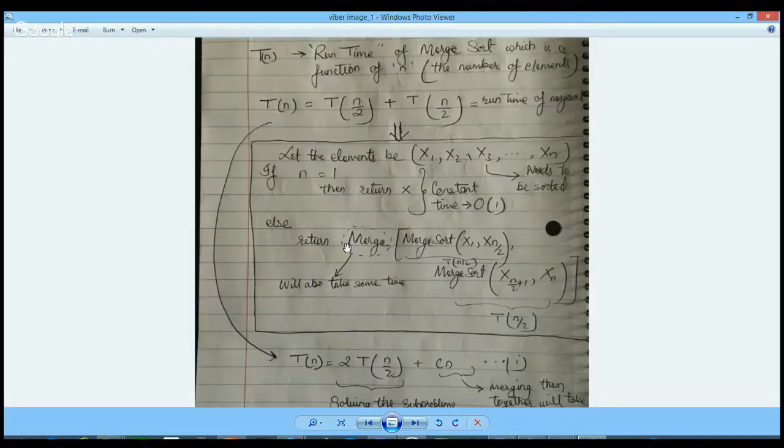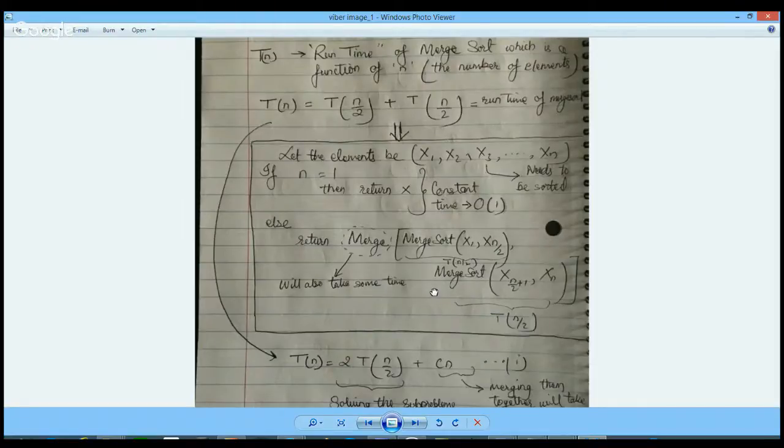So the merging will take some time, and the merge sorting of the two half portions of the list will also take some time. So this is what the T(n/2) and T(n/2) mean.